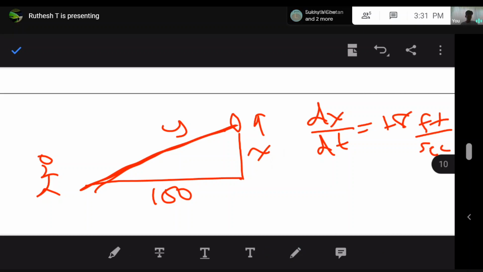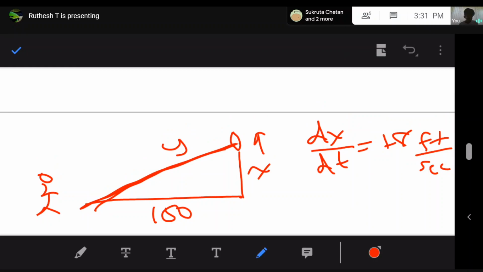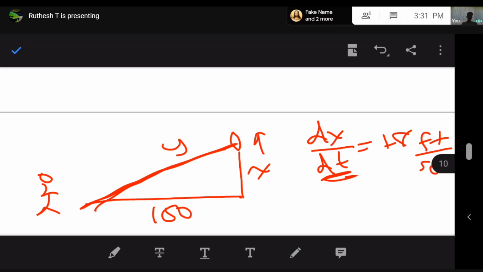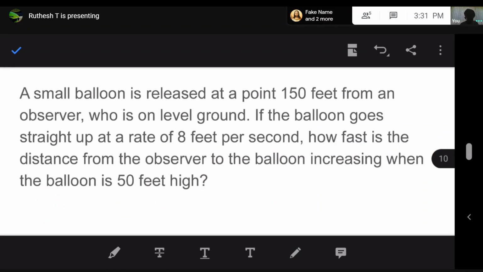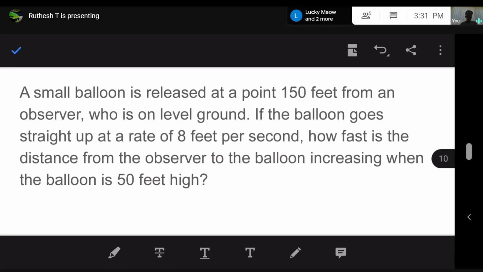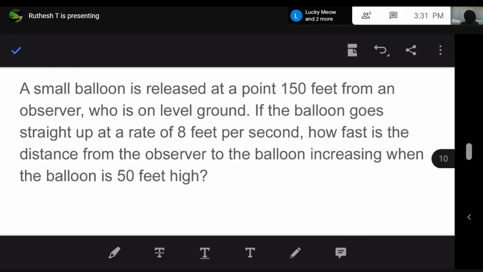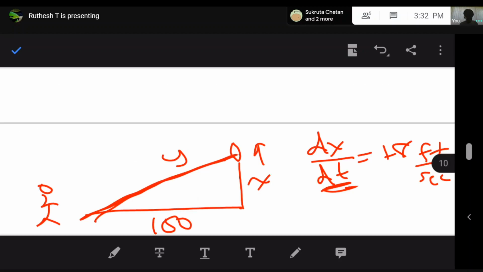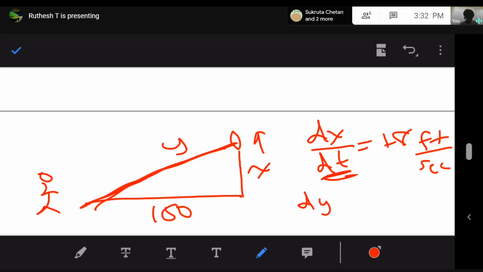Notice that now I'm taking it with respect to time instead of just x. We're getting more specific here when we do it with respect to time. And you want to figure out dy over dt, which is the rate of increase of this.